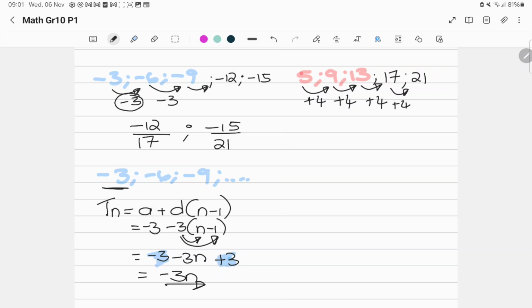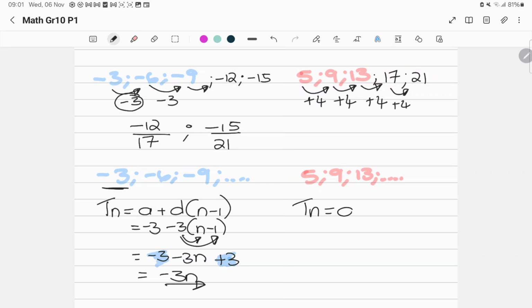So it means to get my top row, my numerators row, the blue one, my formula is going to be minus 3n. Now, I also had a bottom part, my denominator part, which was 5, 9, 13, etc. So for my bottom part, I also need to get my formula.